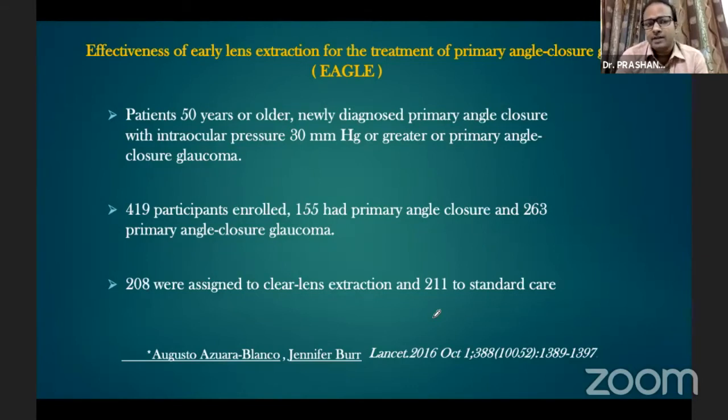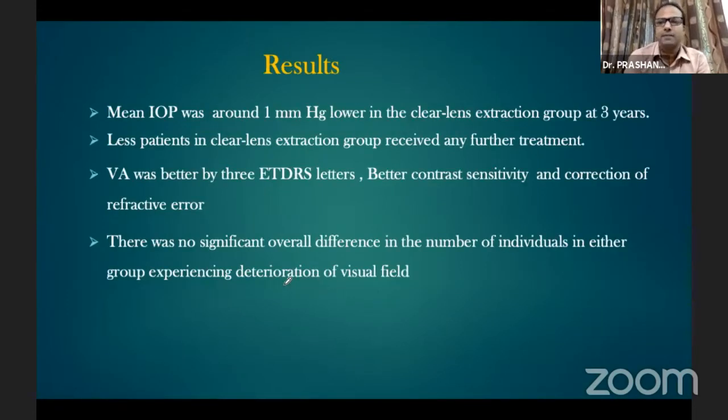It's a multicentric randomized controlled trial done in five countries and more than 30 centers. They enrolled 419 patients, of which 155 had primary angle closure and 263 had primary angle closure glaucoma. 208 patients were subjected to clear lens extraction, and 211 patients were subjected to standard care of doing a peripheral iridotomy and medically managing the case, and if surgery was required, then further doing the surgery.